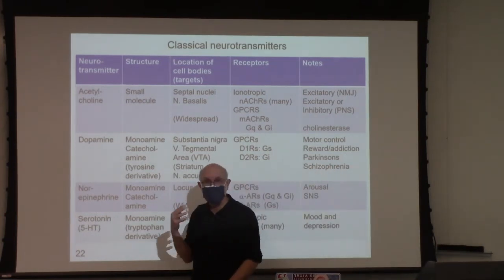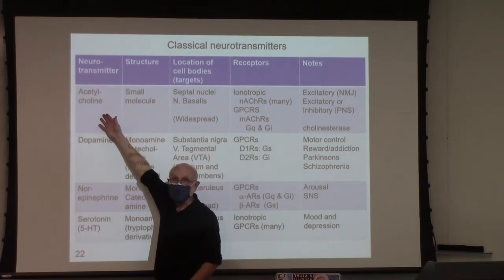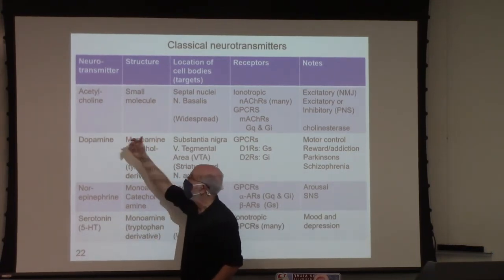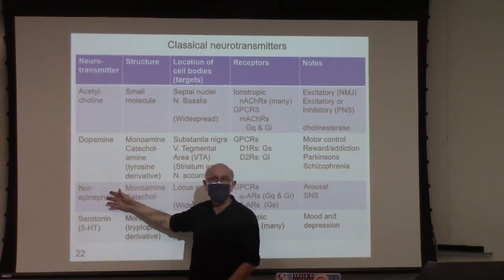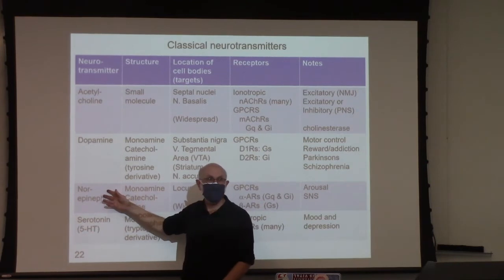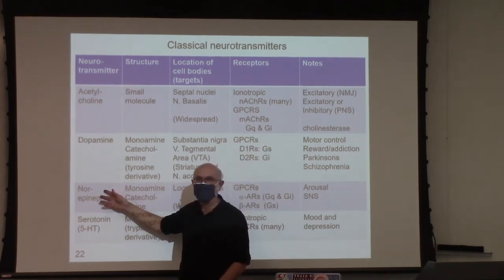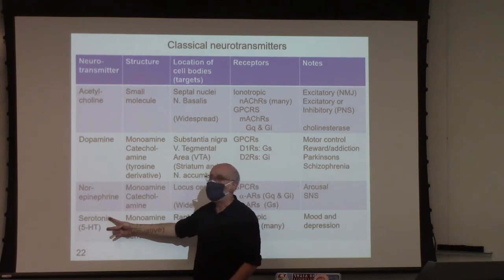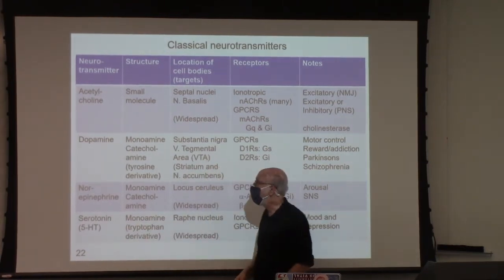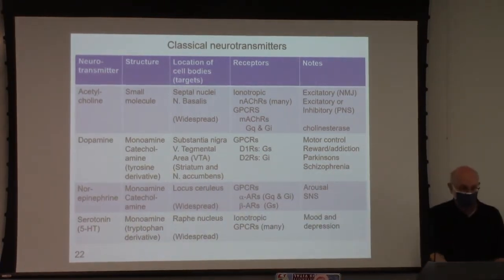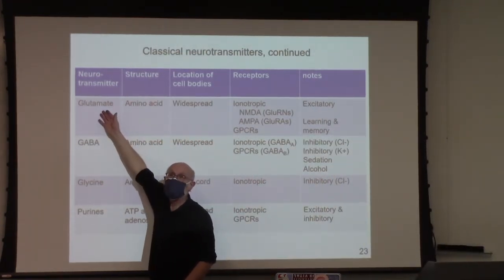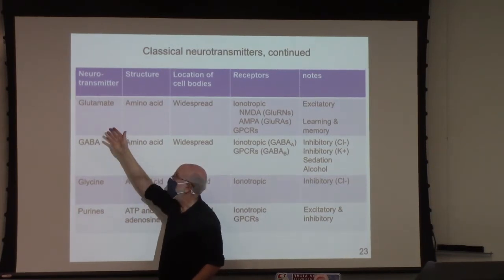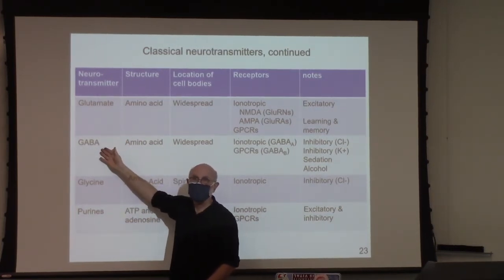So the neurotransmitters and receptors we're going to talk about for the next hour: acetylcholine, which you've already been introduced to; dopamine, which you haven't been, but are going to; norepinephrine, which some of you have heard a lot about from the other A&P course; serotonin, which some of you have learned about in other courses; glutamate, an excitatory neurotransmitter; and GABA, which you've learned about from the problem set.